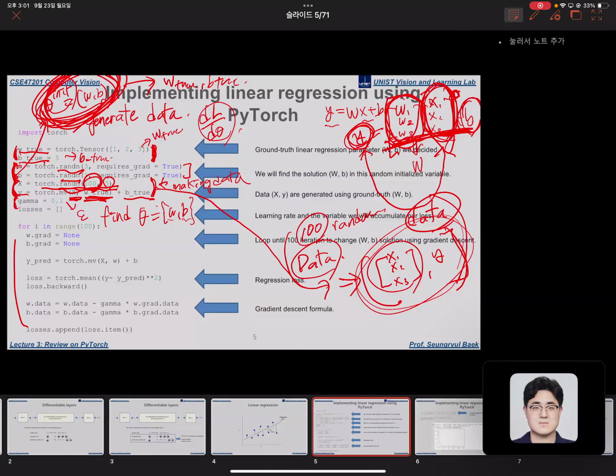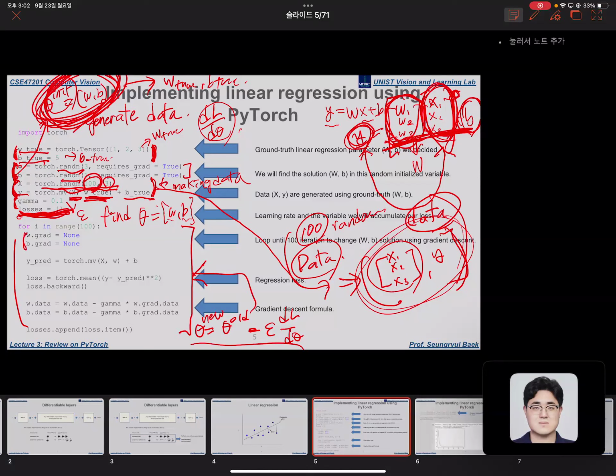And this is the matrix. We will store our loss function at each epoch in this empty variable. Okay, and this part is the code for iterating the gradient descent algorithm. So this part is for calculating the gradient.